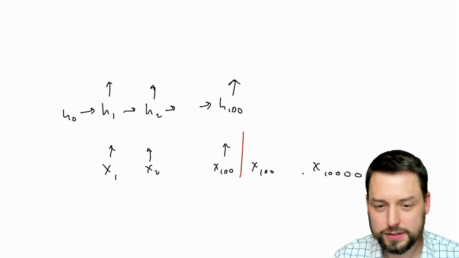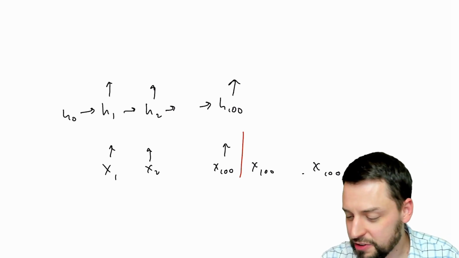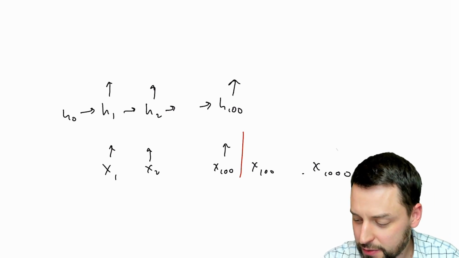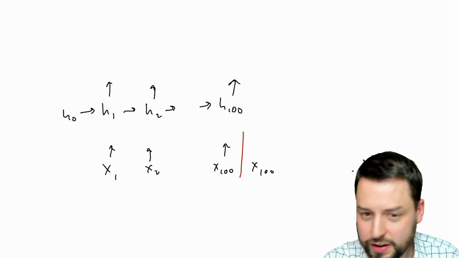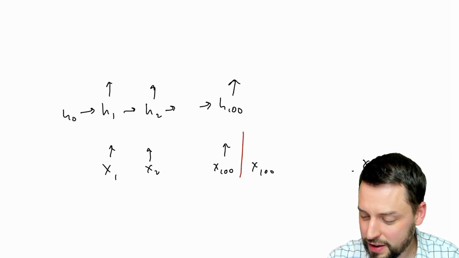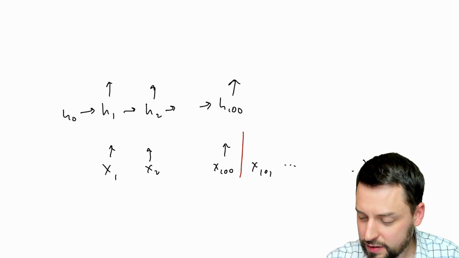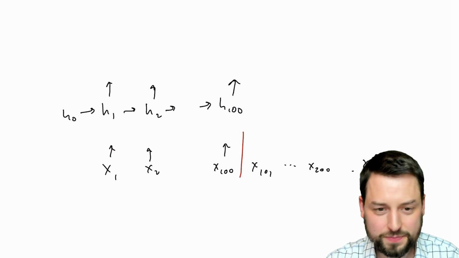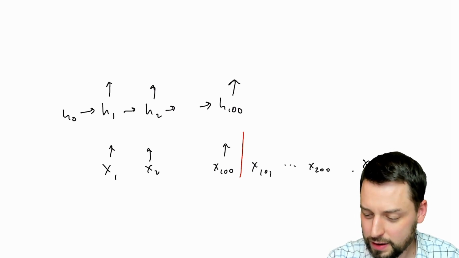And now I move to my next subsequence. So this would be 101 to, say, 200, right? And I truncate again.